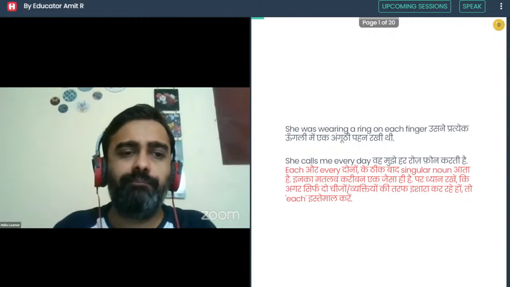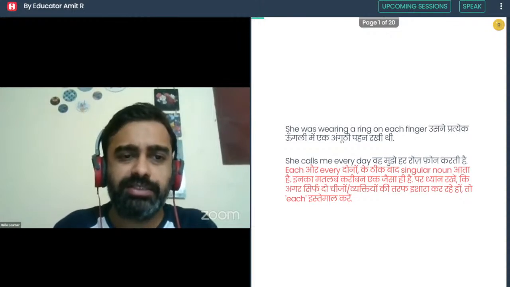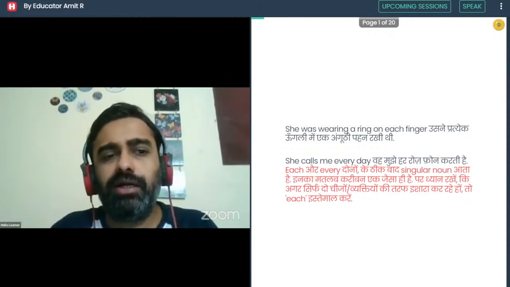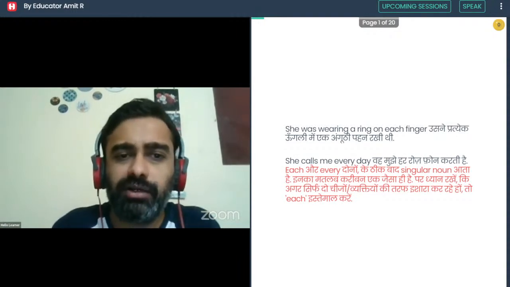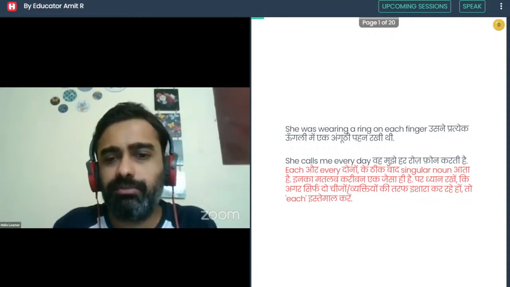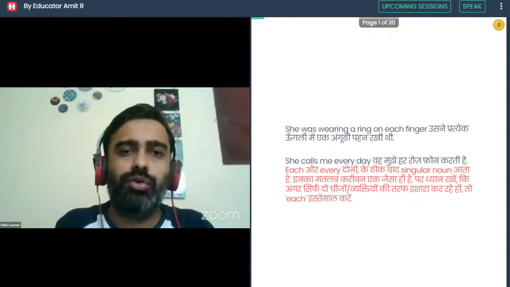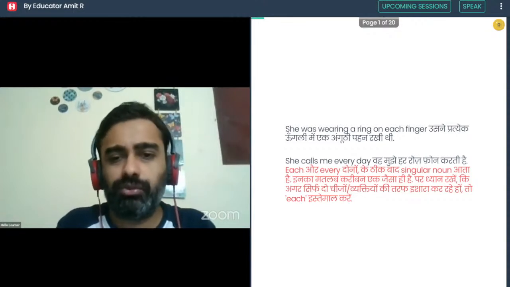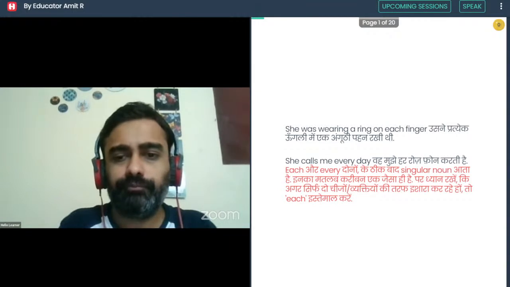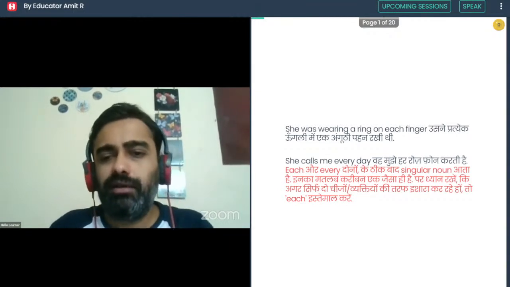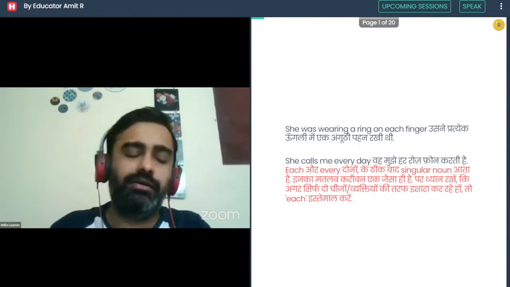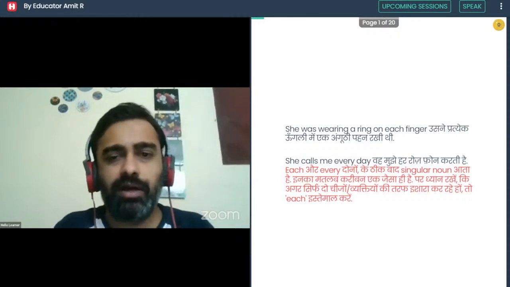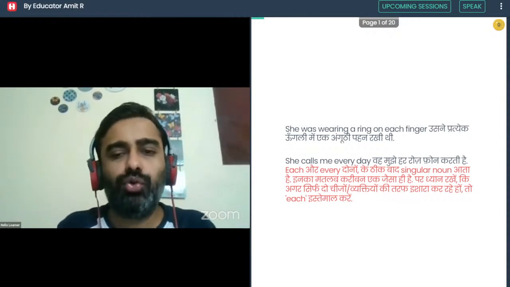That's right. And what is explained here is that if you are pointing to only two things or persons, use each. Why? Because you don't need to mention more if there are only two things. Each basically makes you understand this one and that one, every one. So when there are two things, you don't need to use every.